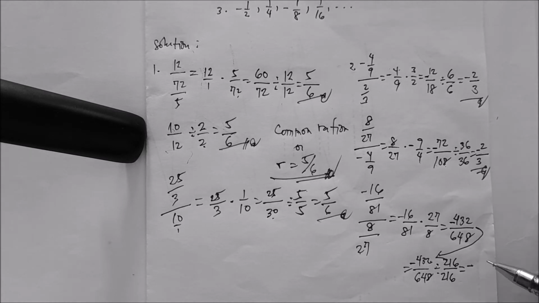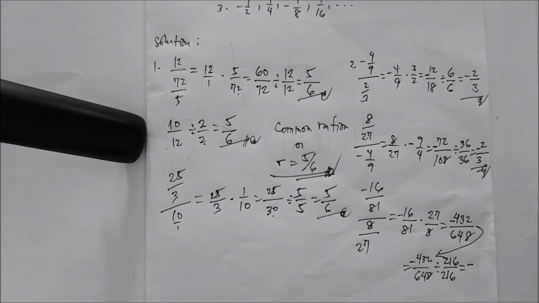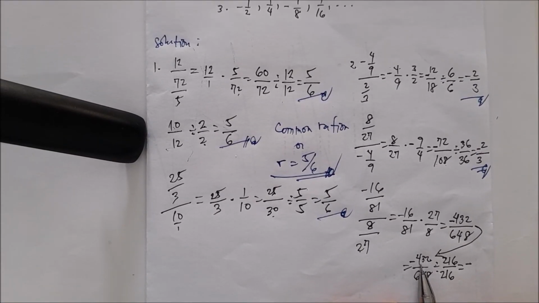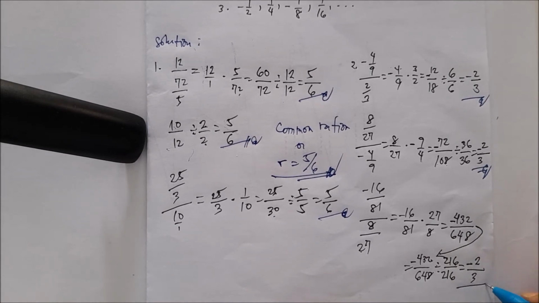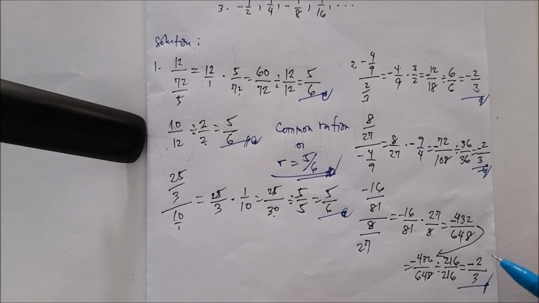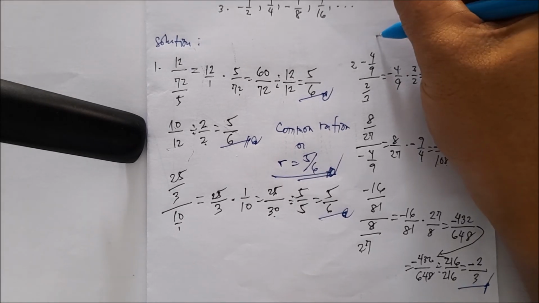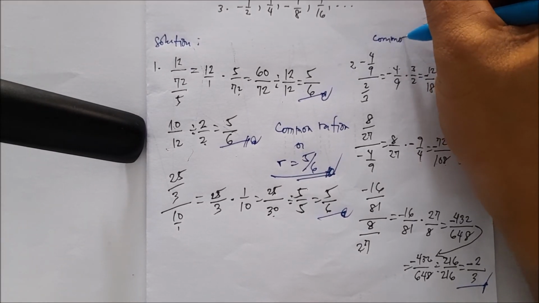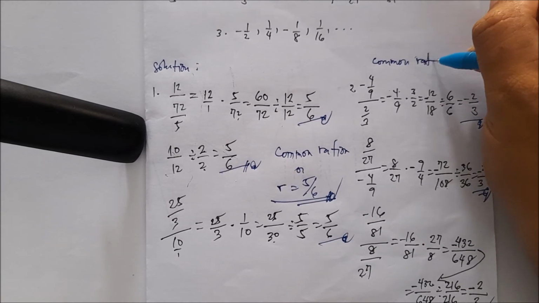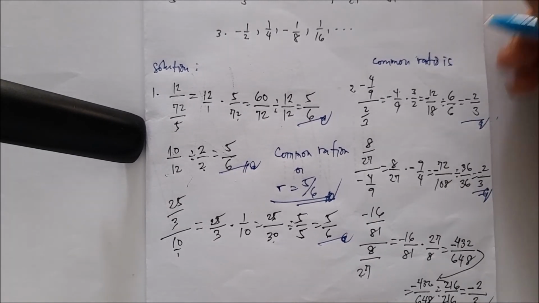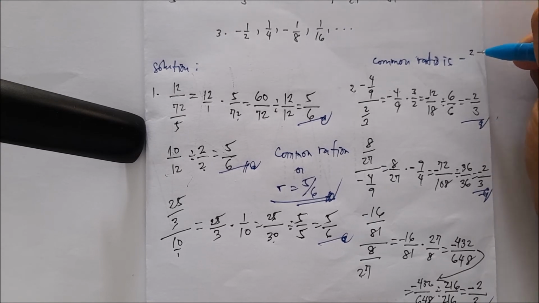So don't forget the negative. 432 divided by 216 is equal to negative 2, over 648 divided by 216, which is equal to 3. So the final answer is negative 2/3. So the common ratio is negative 2/3.